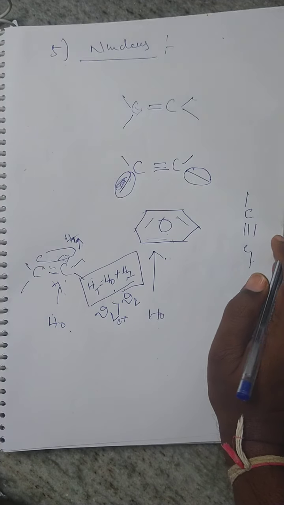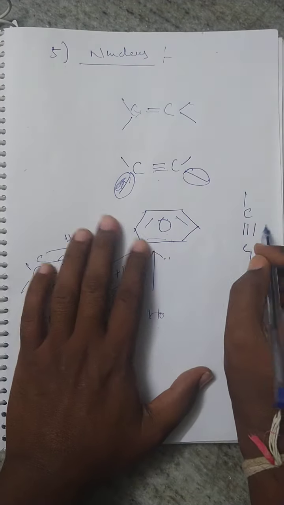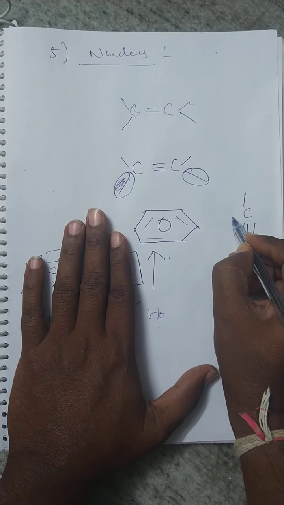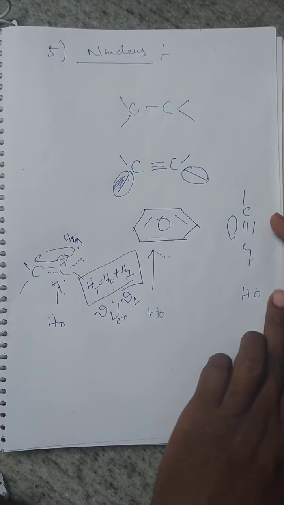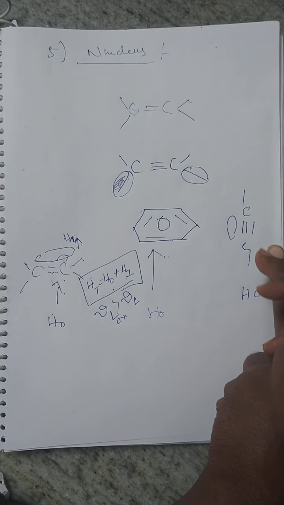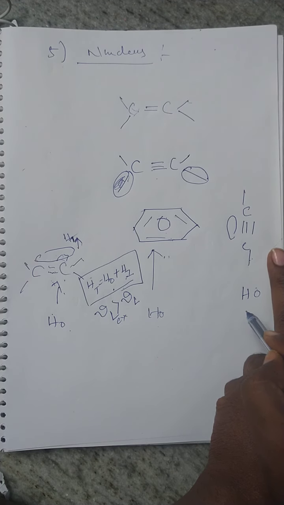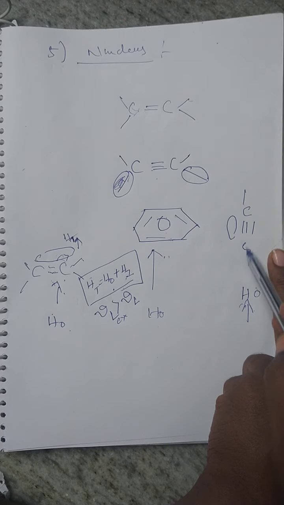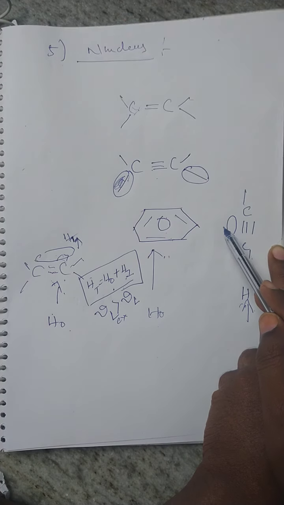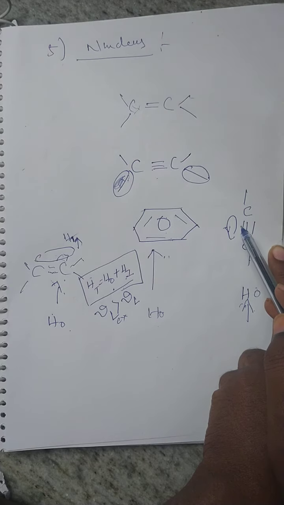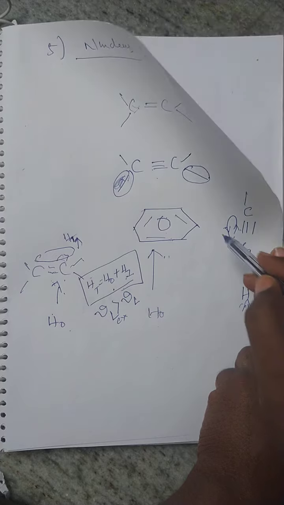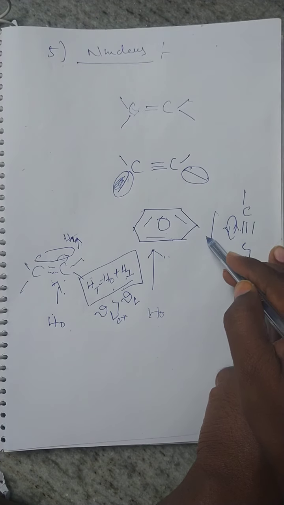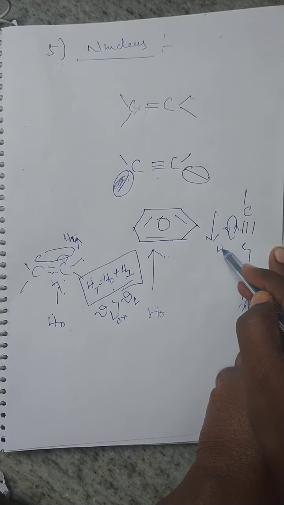And in the case of alkynes, this pi electron movement will orient like this. So these alkynes, in the presence of an external magnetic field, will orient like this, right? So the magnetic field generated due to pi electron current will oppose the external magnetic field.